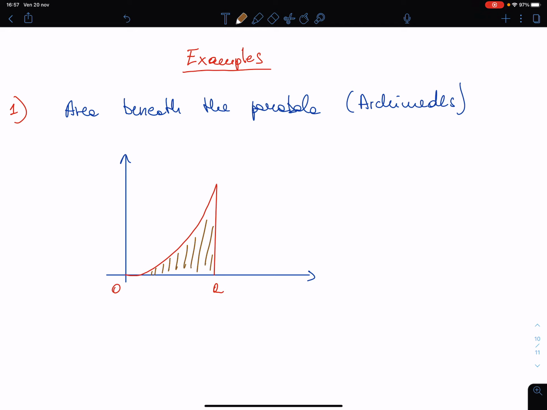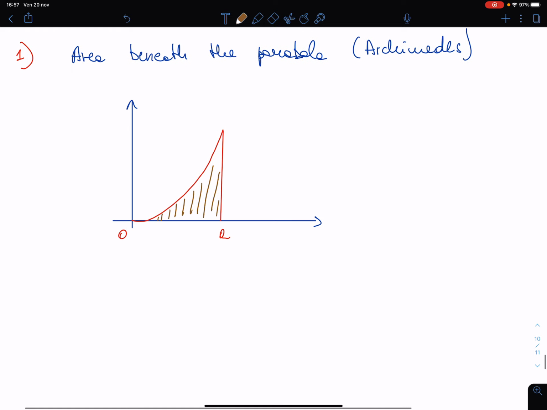Okay, and so how to do it? The main idea is to follow the construction of the integral. So define the partition.